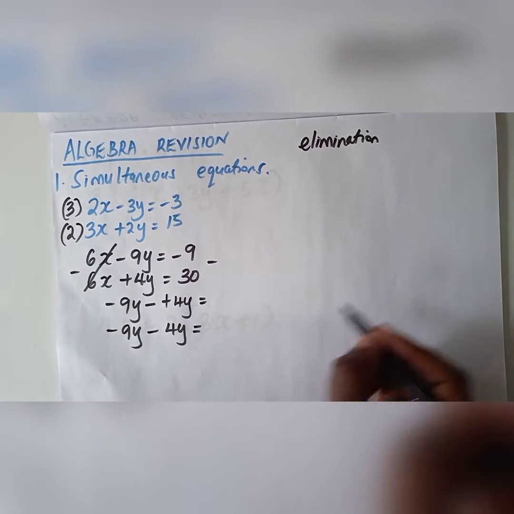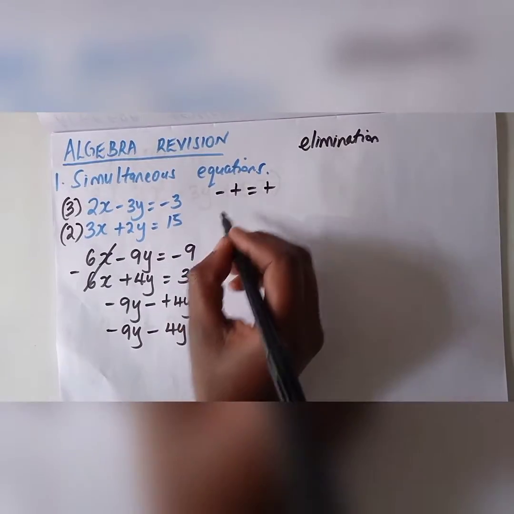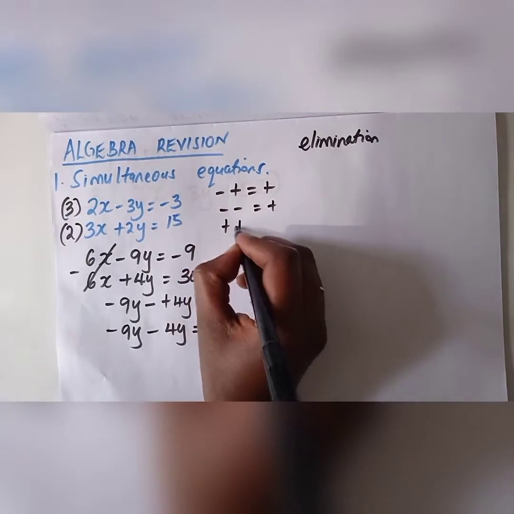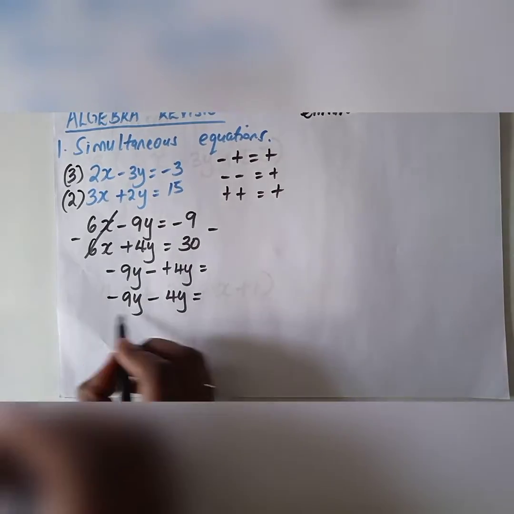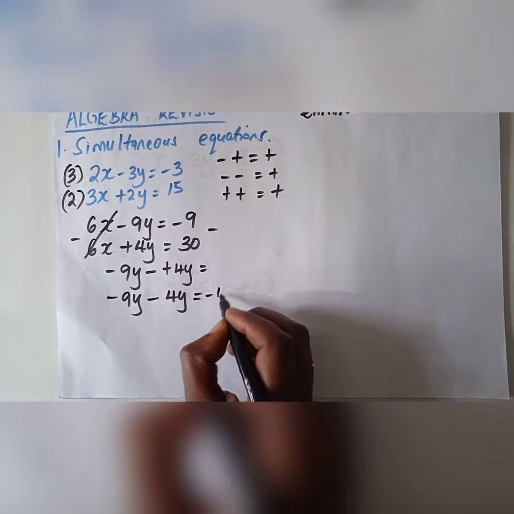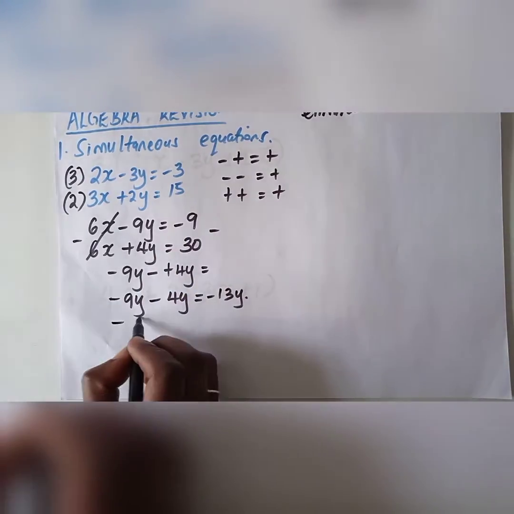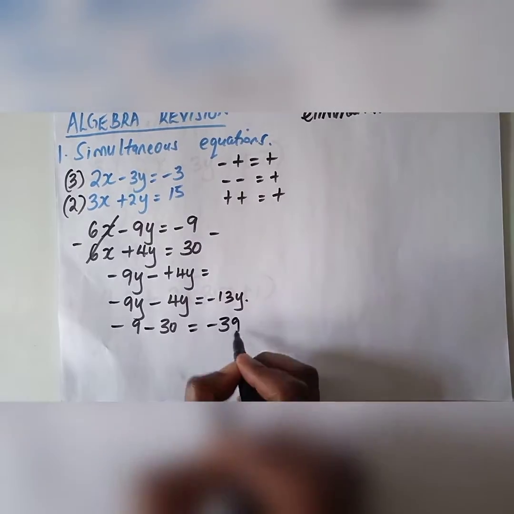Something you need to remember is when you have different signs, they'll become negative, but if they're the same, then that one becomes positive. If both of them are positive, that one will be positive. Okay, so minus 9y minus 4y will give us minus 13y, and you do the same thing for the other side. So you have minus 9 minus 30, that one is minus 39.